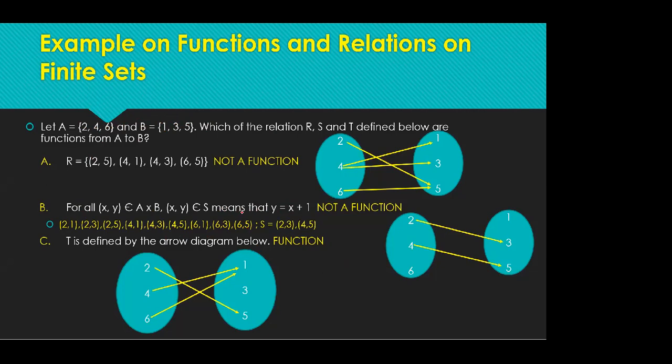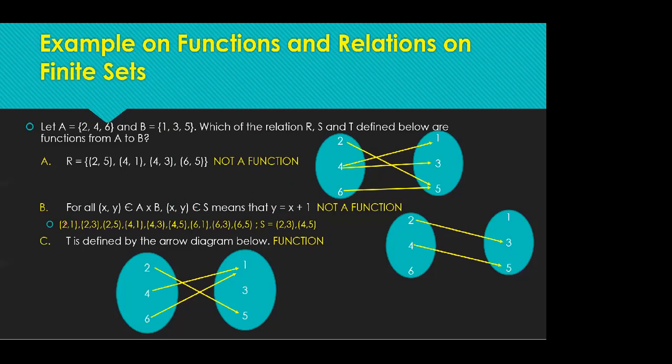But here we have to meet this condition wherein y equals x plus 1 should be true, right? So we test this one. The first x, 2, this is our x from the ordered pair, and this is y.